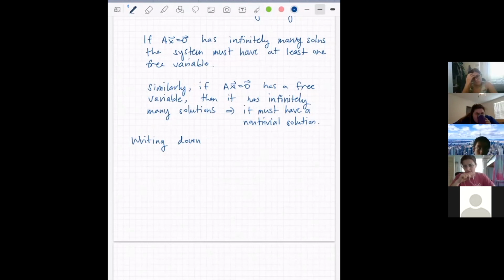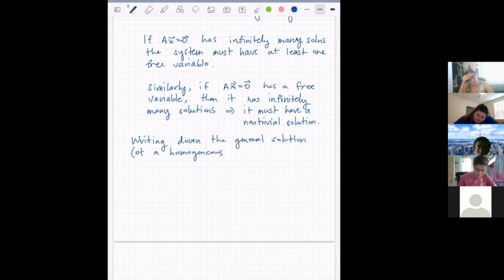So writing down the general solution of a homogeneous equation, but really you could do this for any system. And this is going to be in parametric form.